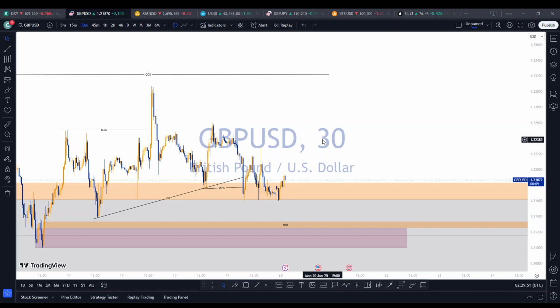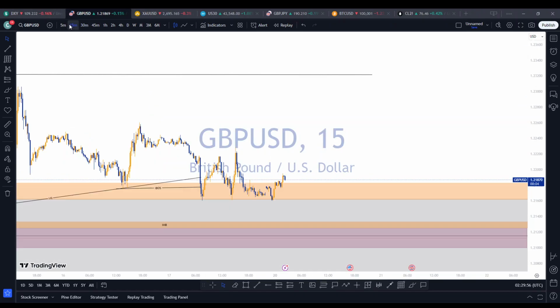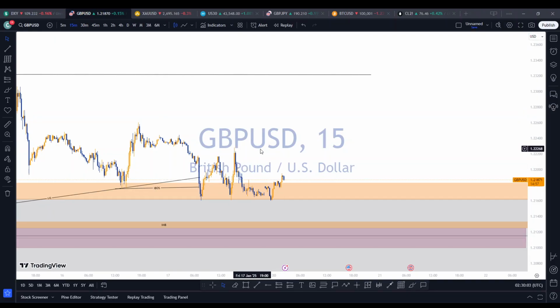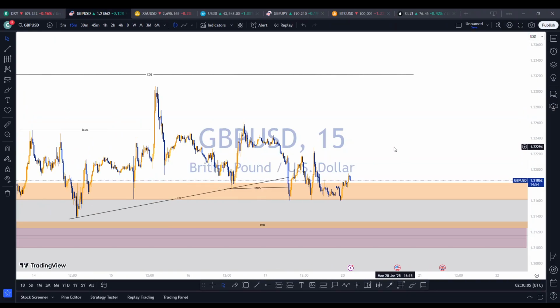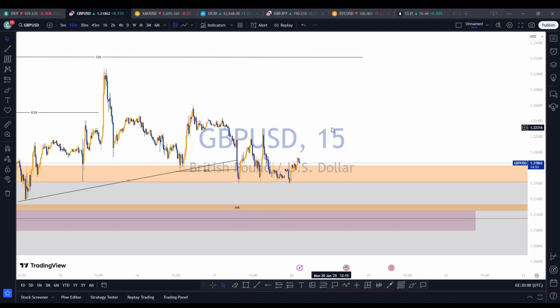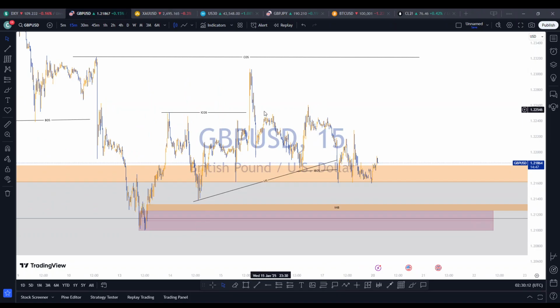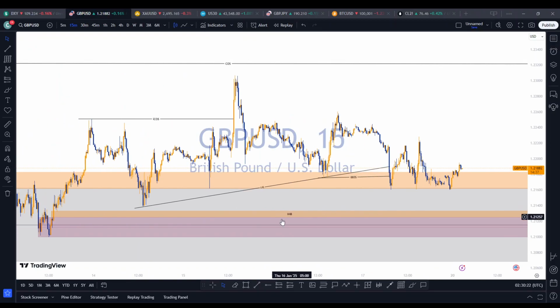Let's see, valid 15. I think we just wait to see if it's going to continue to push. This is also valid right here.